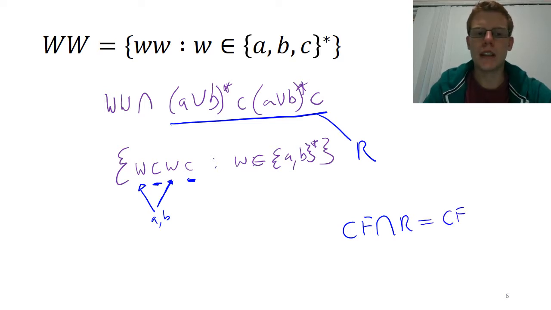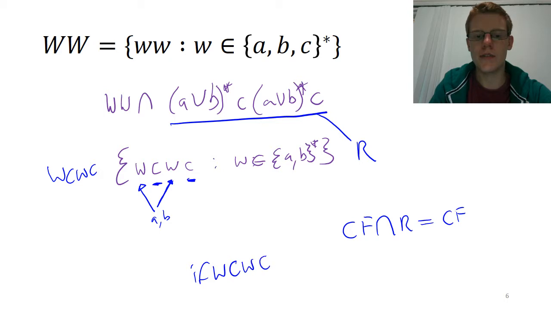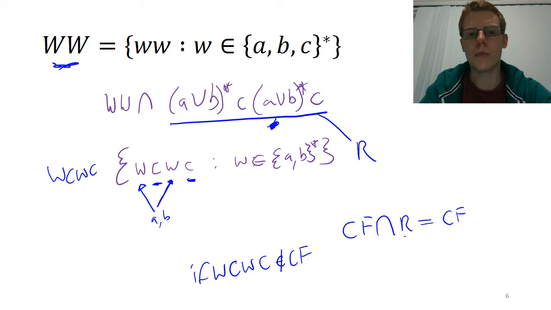So that means that if the resulting language here, which we'll call WC, is not context-free, then we know that either this regex or WW weren't in the memberships that we assumed.